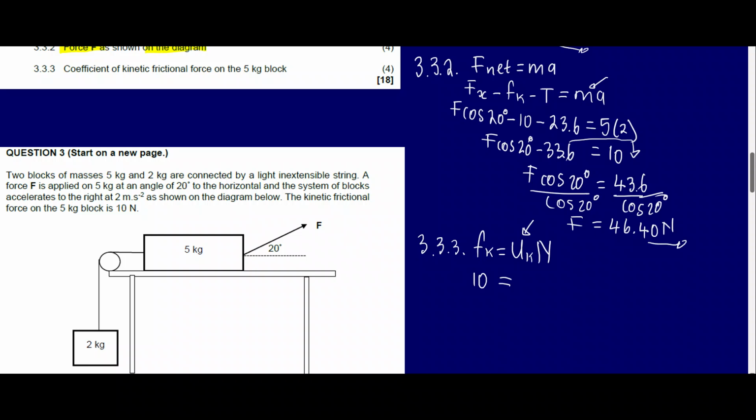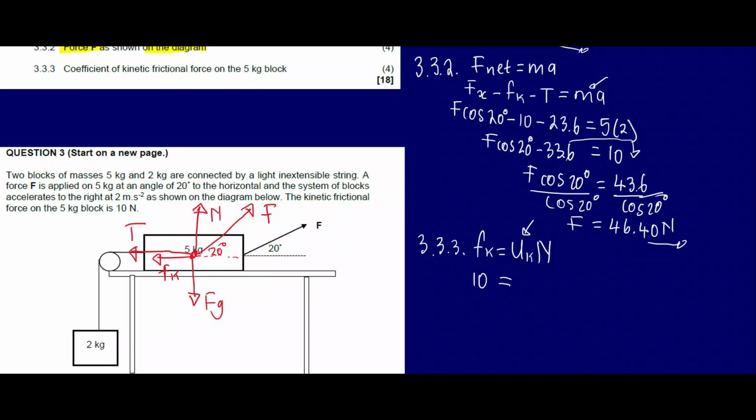So because we have the 10 newtons here for the friction, do we have the N, the normal force of that object? Remember, the object we are dealing with here is the 5 kg block. So we can have the normal force here, then we can have the gravity here, and then the force here with its 20 degrees, and the tension this side with the kinetic frictional force.